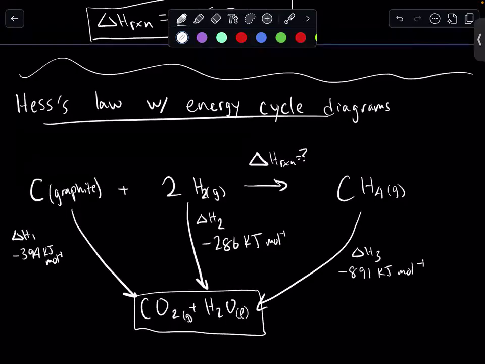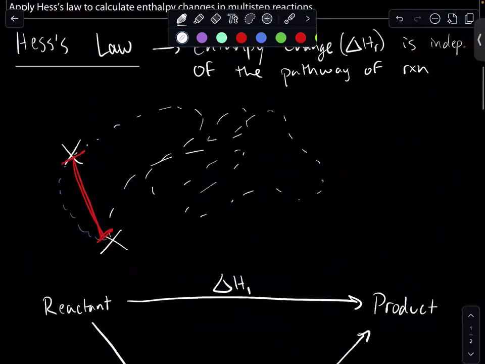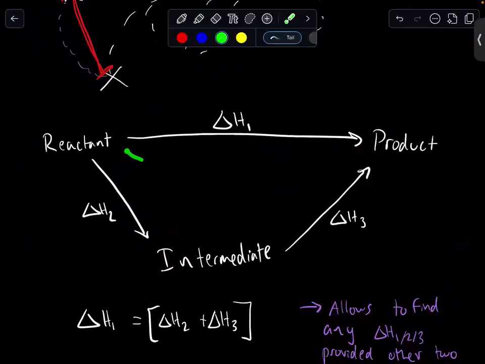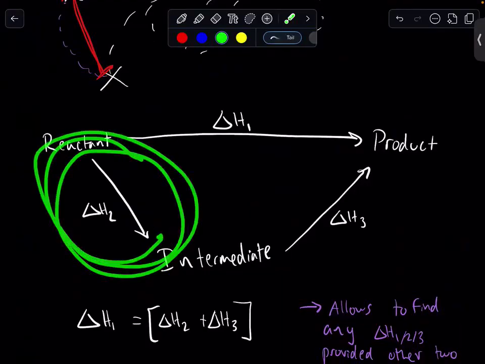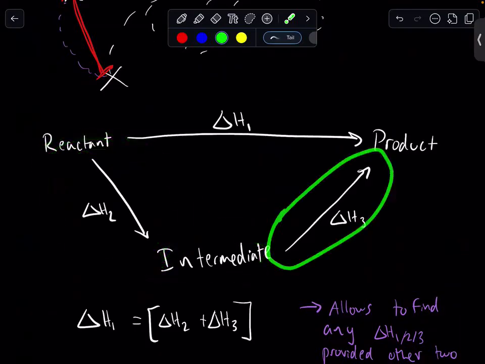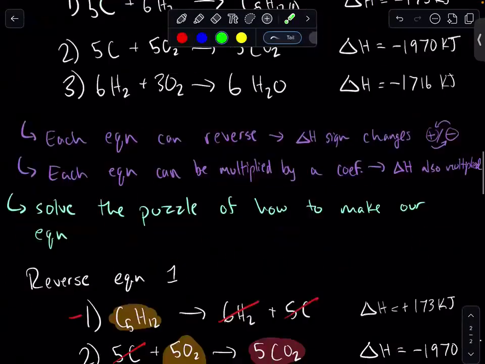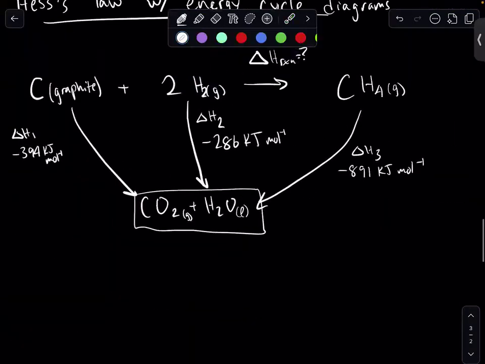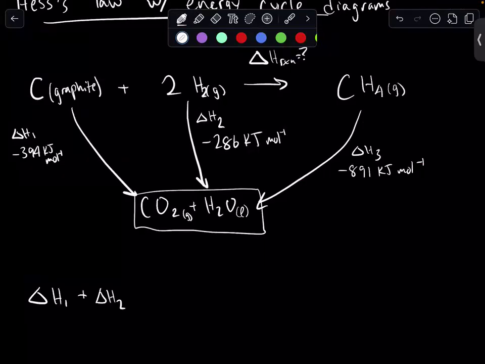So looking at our energy cycle all the way back at the top, we know that the energy required to make our intermediate plus the energy to go from our intermediate to our product is the total energy. So we can apply this logic. Delta H1 plus delta H2 should be equal to, now we need the inverse of this, negative delta H3.